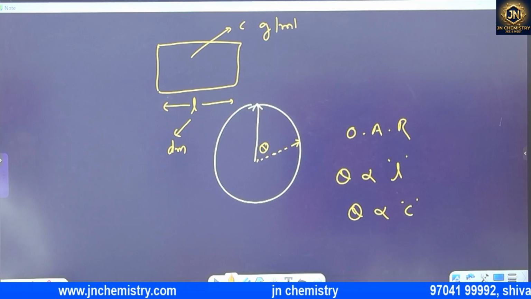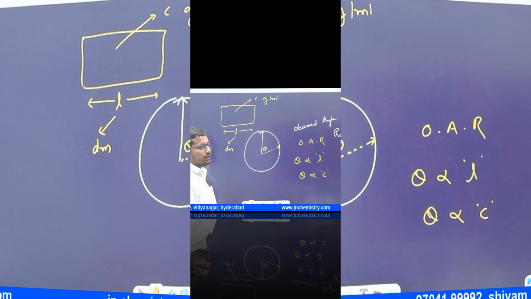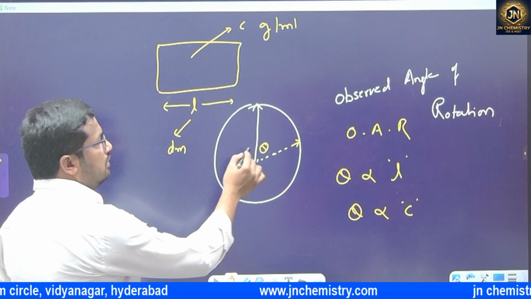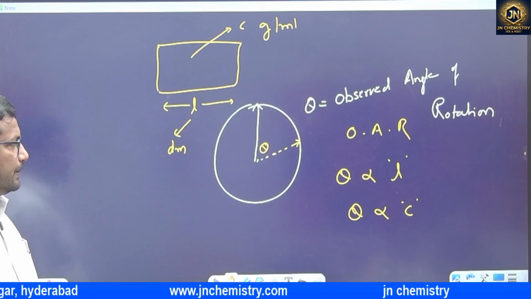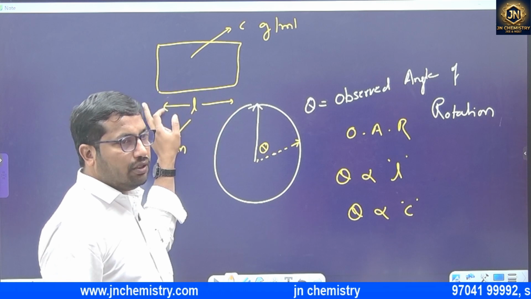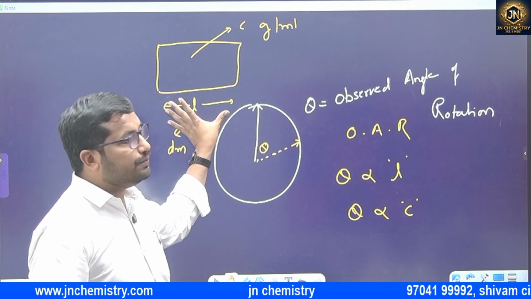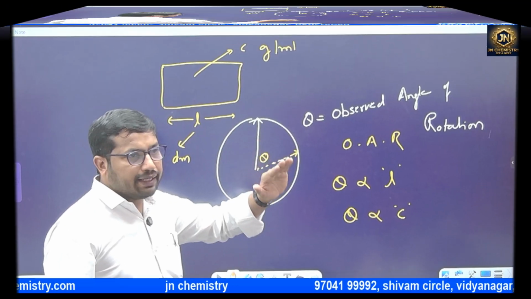If the polarimeter tube length is more, more angle. If we are taking more concentration, more angle we can observe.